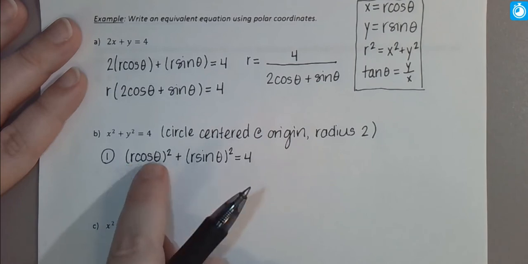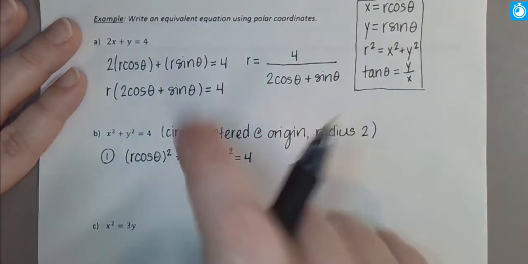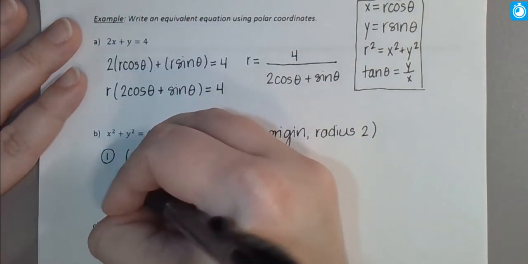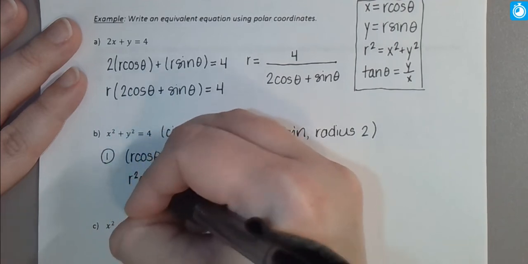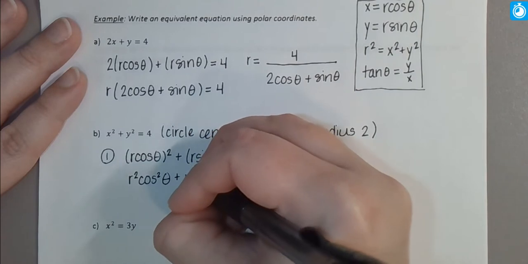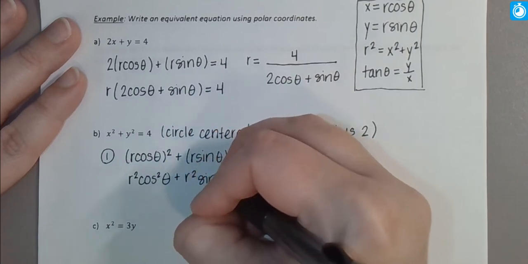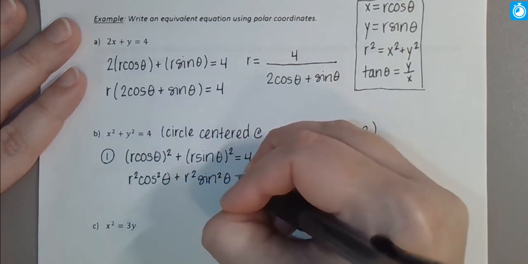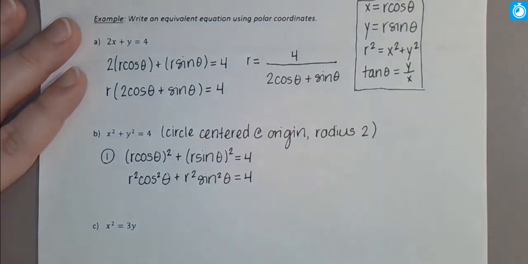I need to square each of those factors in both sets of parentheses. So that's r squared cosine squared theta plus r squared sine squared theta is equal to 4.